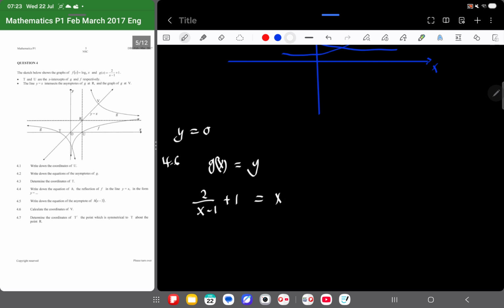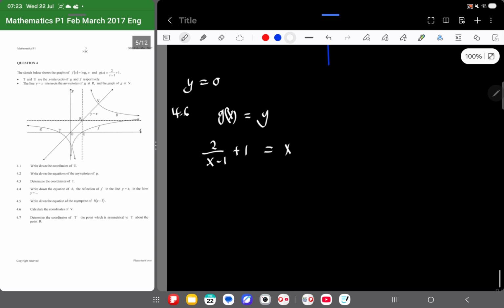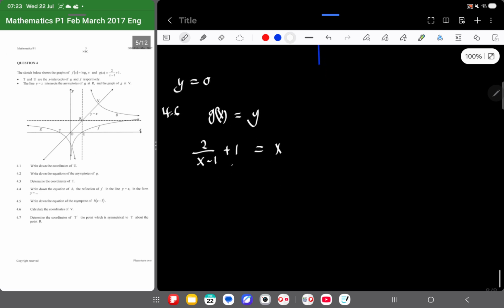We're going to get a quadratic function here because we clearly have two intersections, the V and another one which is not labeled. Taking 1 to the other side, transposing 1, we have 2 over x minus 1 equals x minus 1.